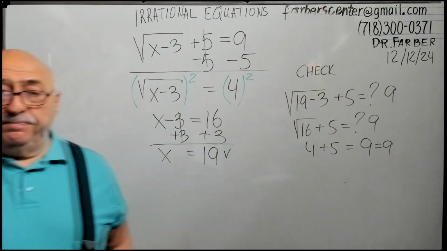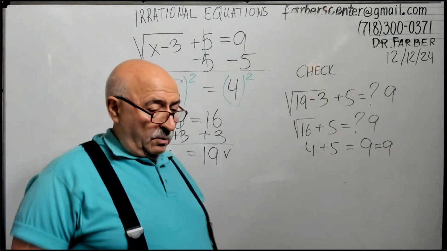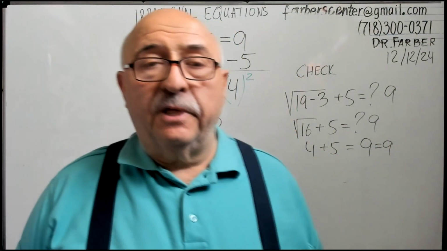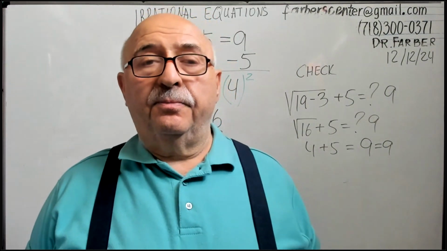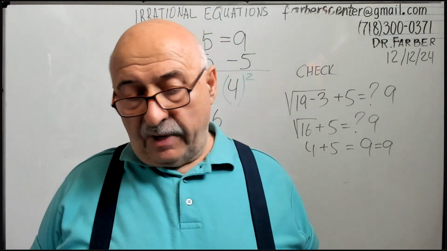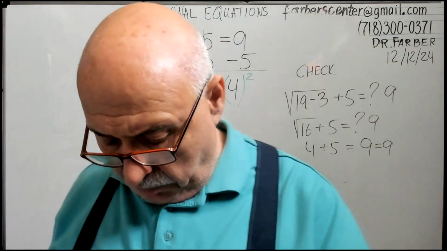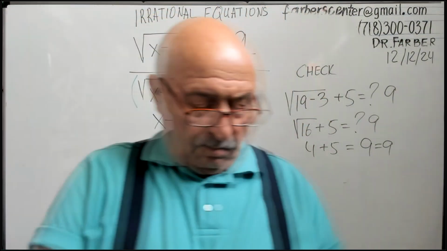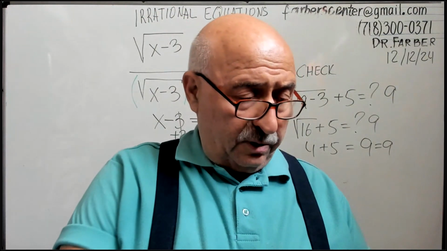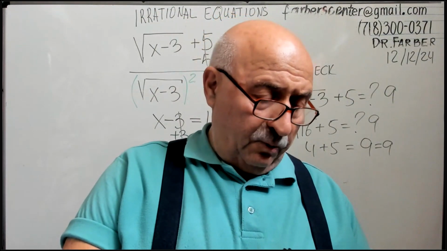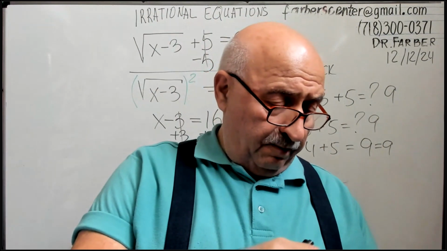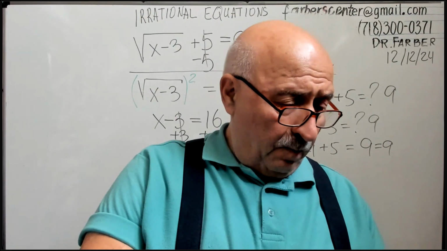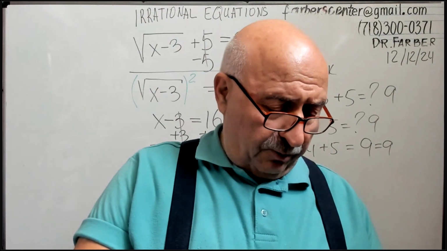Keep in mind, a square root itself cannot be negative. For instance, if I ask you the square root of 16, look at this. This is 4. And for instance, the square root of 25.